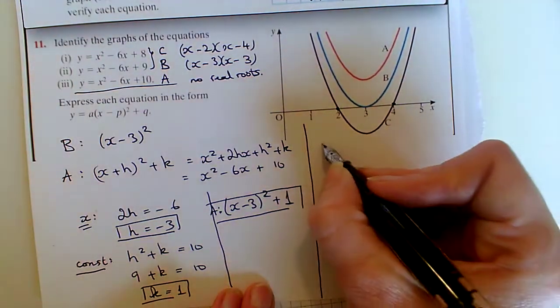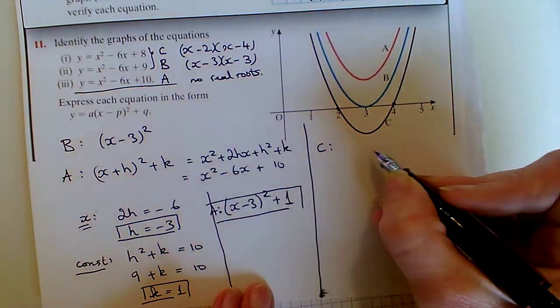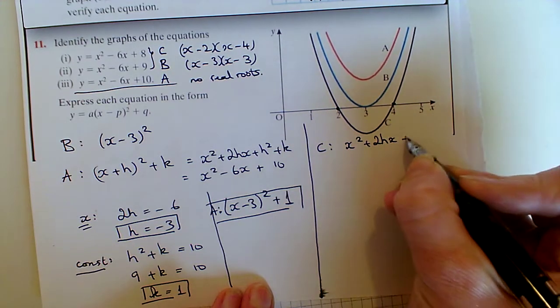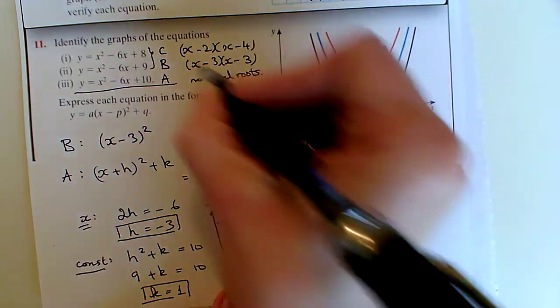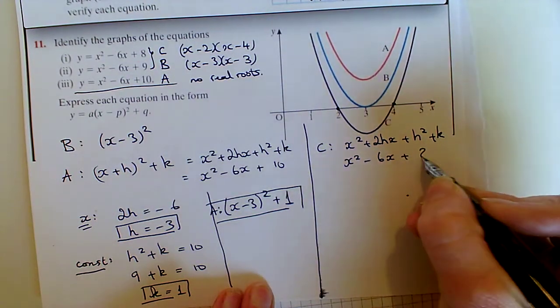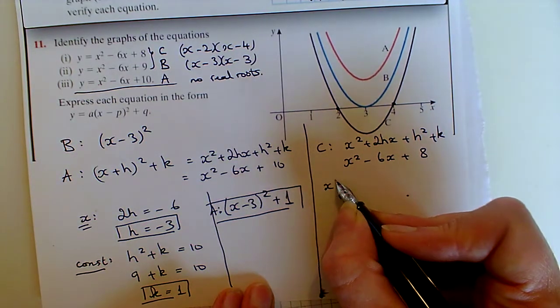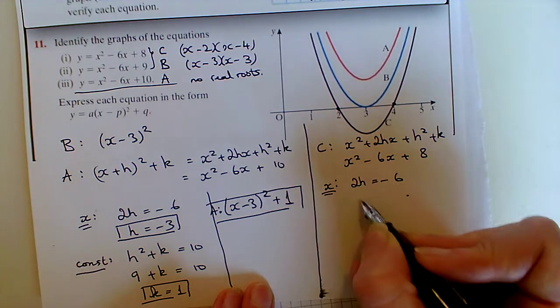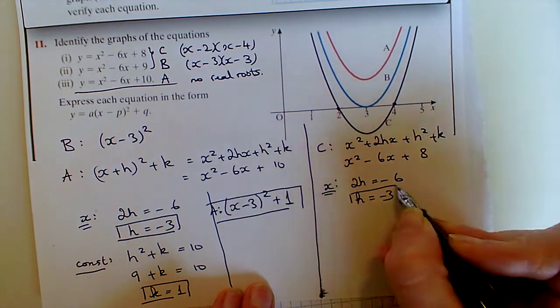We'll do the same thing with C. Of course, when I multiply out my brackets, I'm going to get the same thing. x squared plus 2hx plus h squared plus k equal to x squared minus 6x plus 8. So again, the x squareds are equal, so I'm just looking at the x term. 2h is minus 6, so h is minus 3.